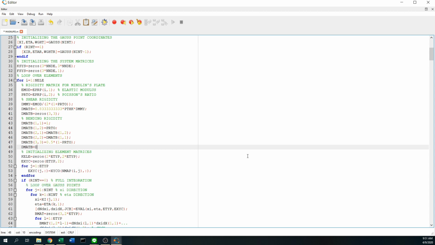and ultimately DMAT B is equal to DMAT B multiplied by the scalar value of E mod times the plate thickness cube.